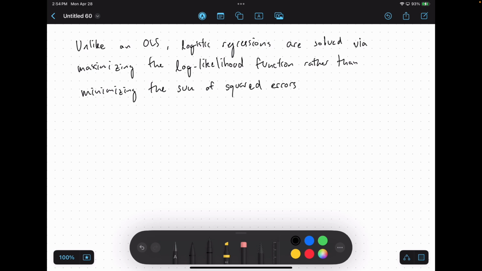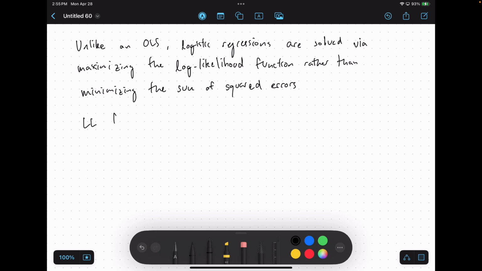Okay? Yeah, and in this case, this doesn't have an analytical solution, so this iterates through to figure out what the betas are. This does it in a numeric optimization as opposed to a closed form solution.